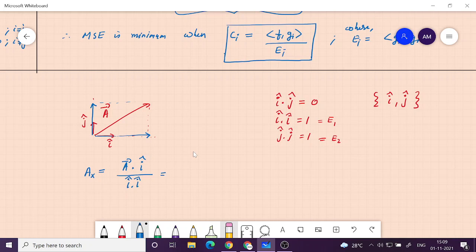But the denominator is 1, i dot i is 1, a dot i is basically ax. So we have re-derived this for the case of function by using the concept of inner product.